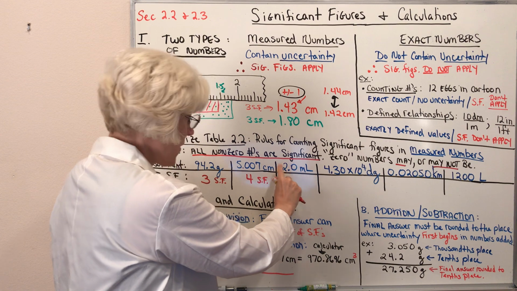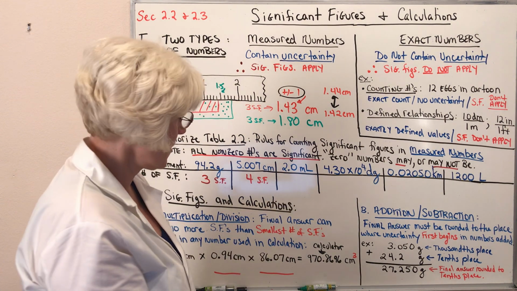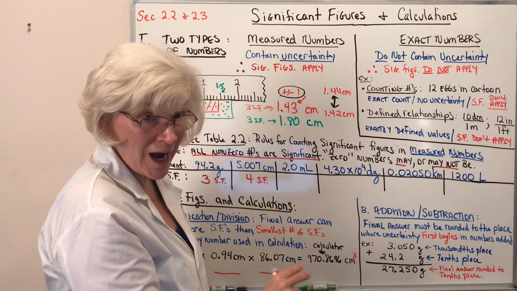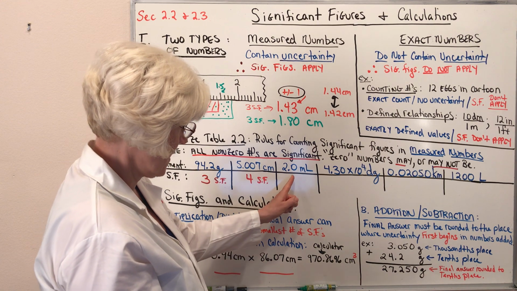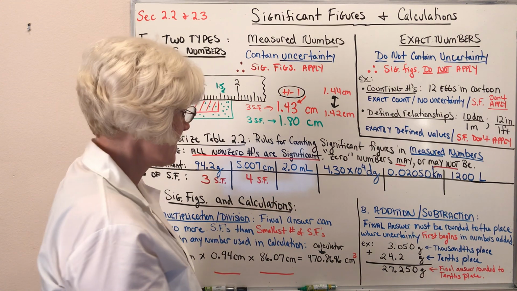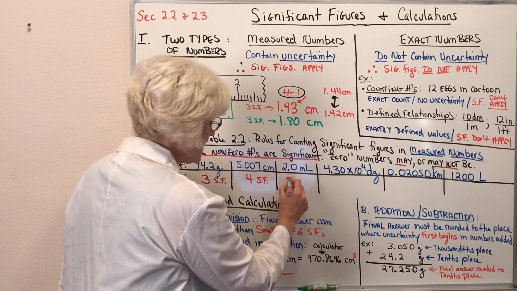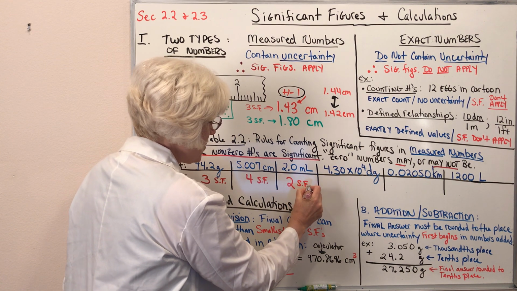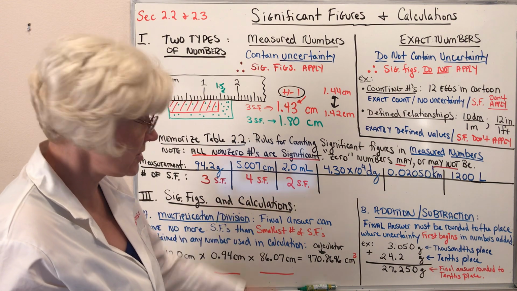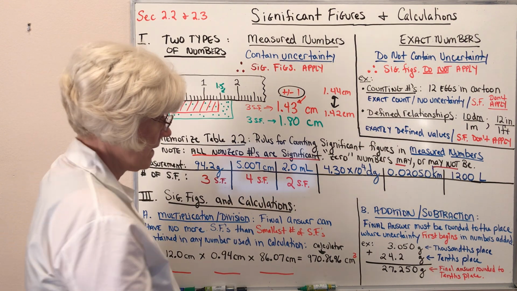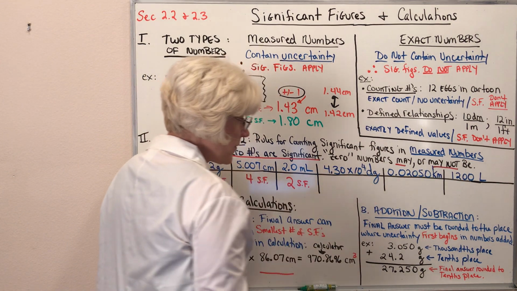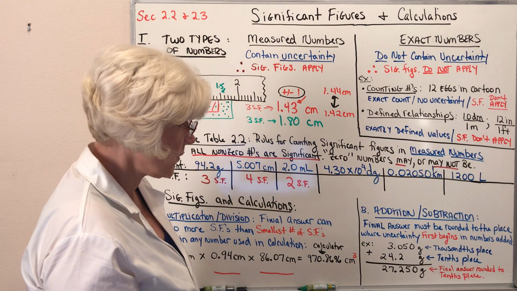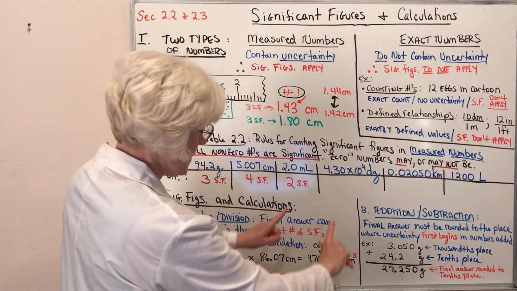This is a significant digit. This 0 is significant. Of course, the 2 is as well. So this measured value has 2 sig figs. Now let's take a look at a number written in scientific or exponential notation.